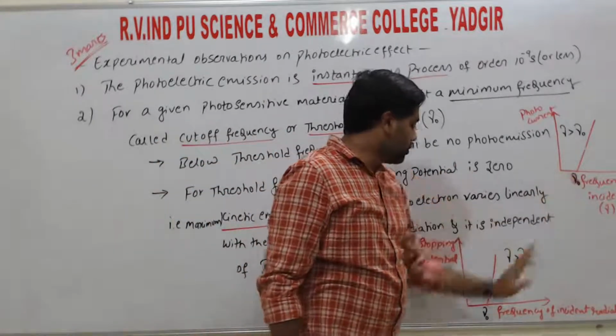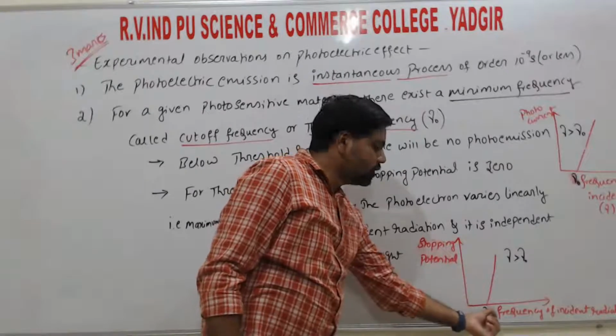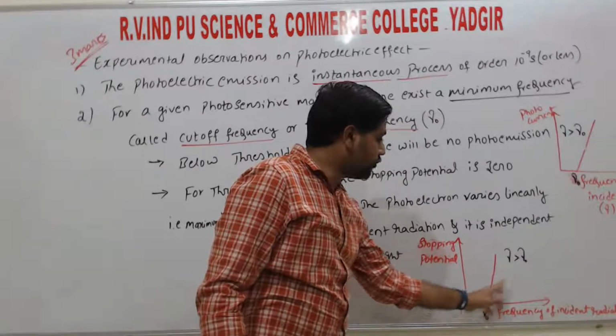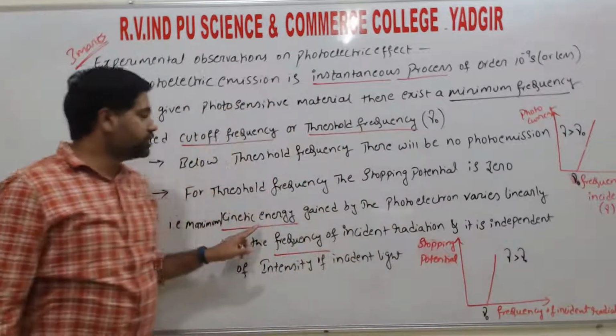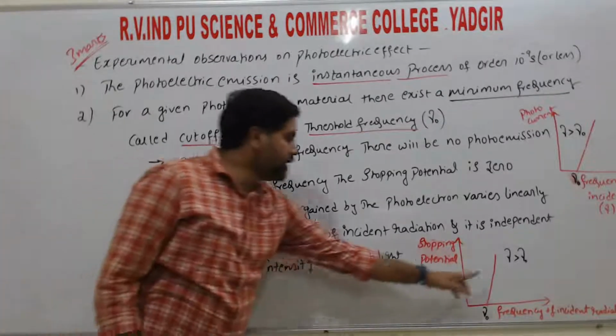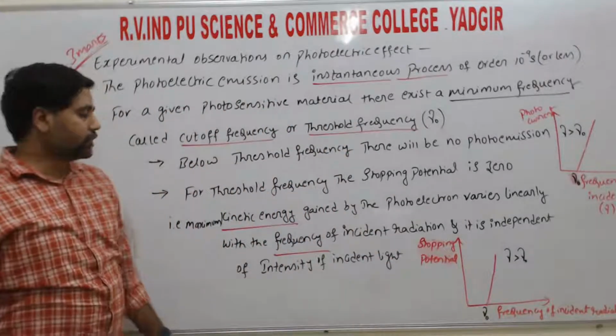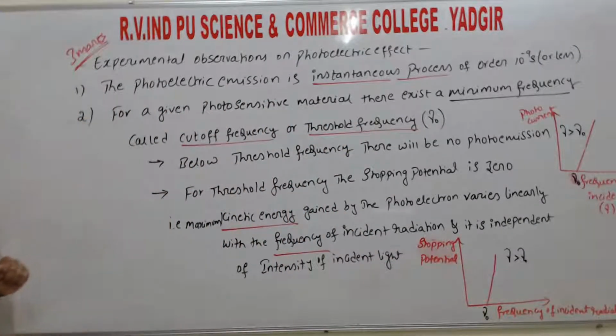So from here to here, the stopping potential is 0. After the threshold frequency, the kinetic energy gained by the photoelectrons varies linearly with the frequency of the incident radiation. So this one is the second point.